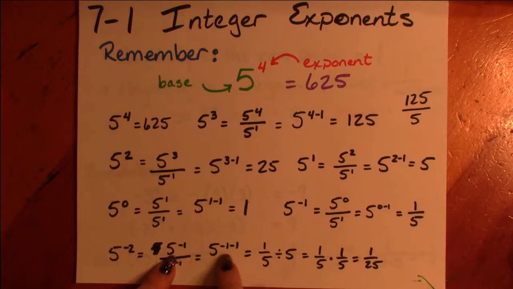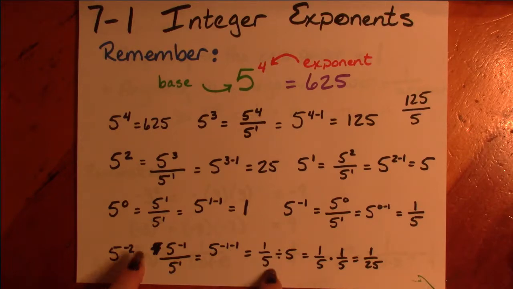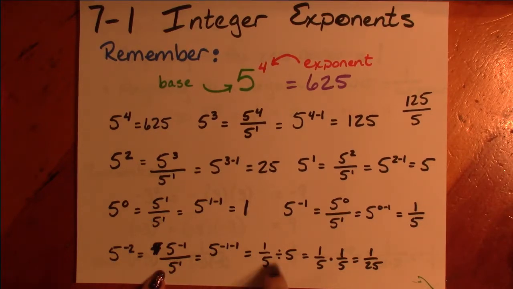Well, that's negative 2 is 5 to the negative 1 minus another 1. It's 5 to the negative 1, which is 1/5, divided by 5. Well, divided by 5 is the same thing as multiplied by 1/5. And that's going to give us 1/25.